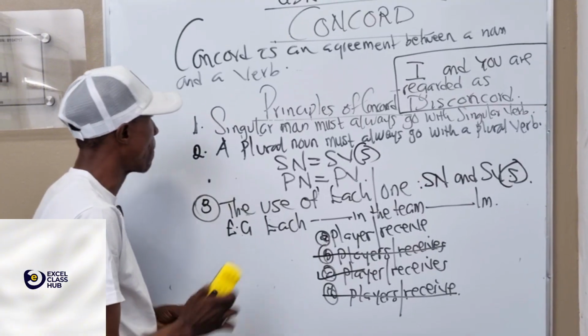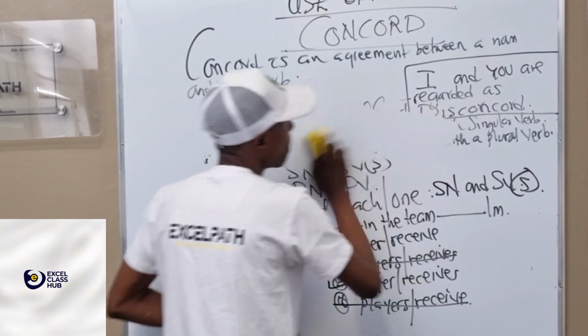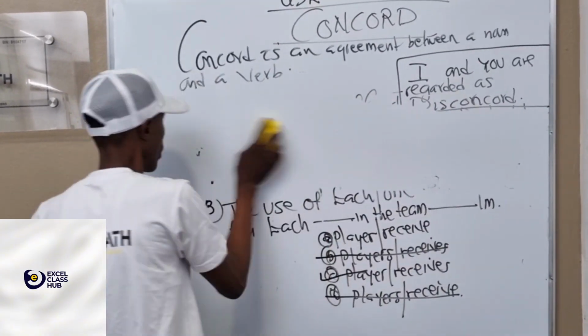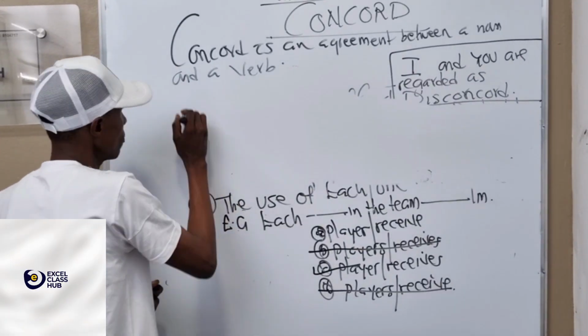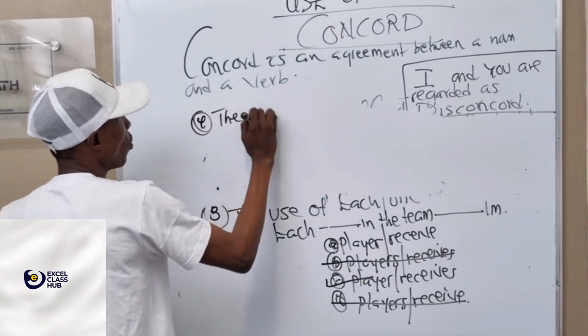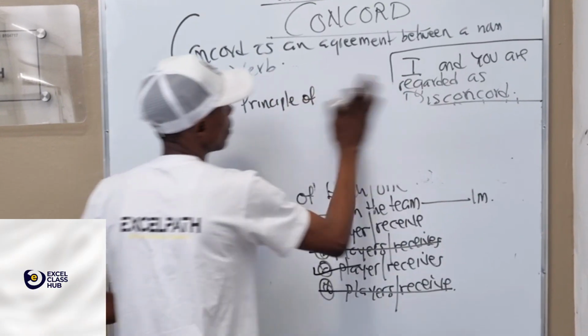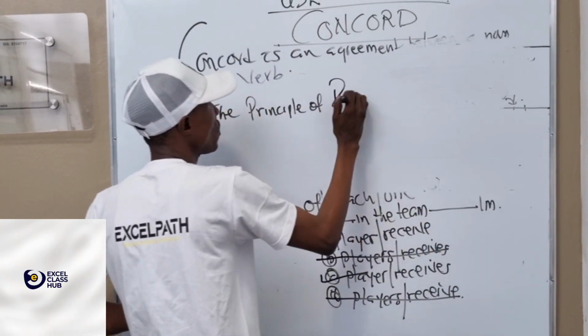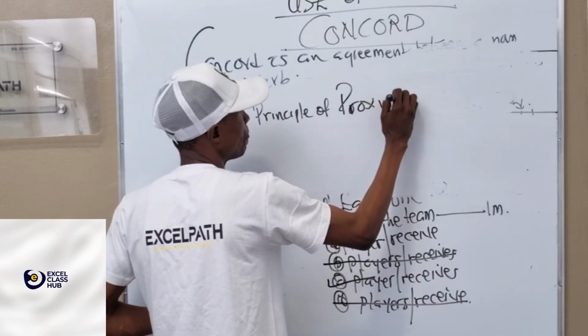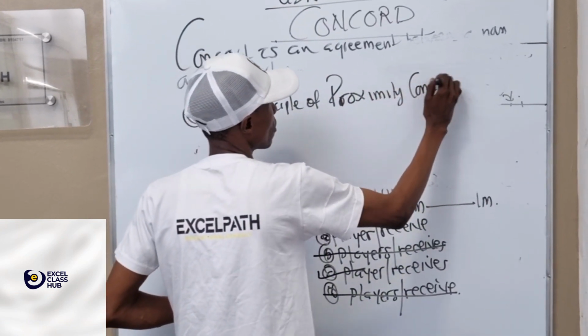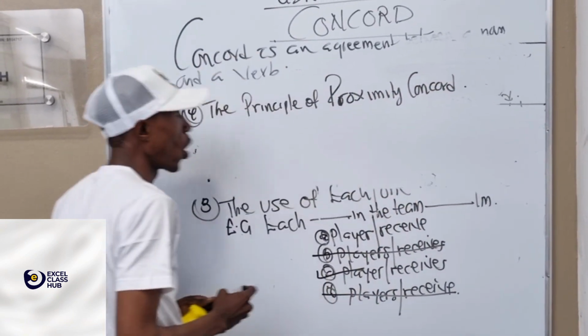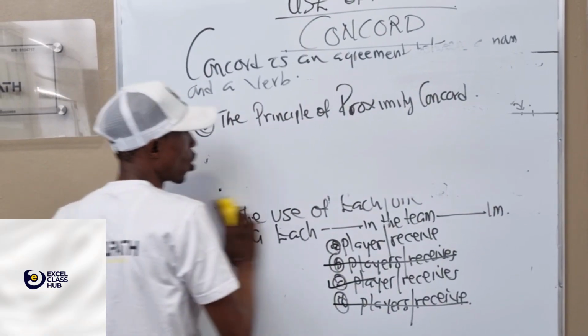Now, number 4 principle under Concord is the principle of proximity concord. The principle of proximity concord.